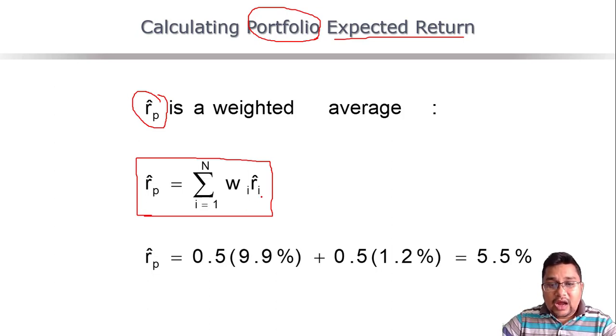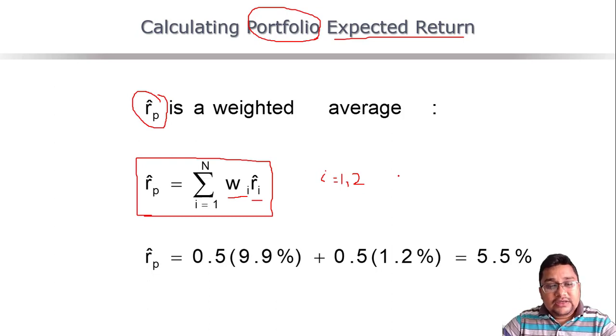You can see R_i hat is the return of the individual asset i, and w_i is the weight of investment for the asset i. In our example, we have two assets, so i equals 1 and 2.